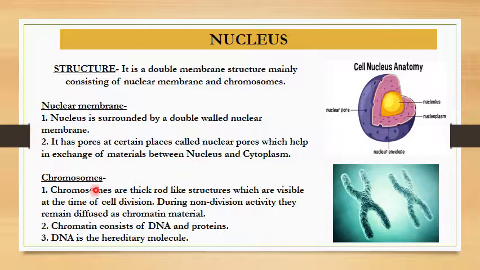Chromosomes. Chromosomes are thick rod-like structures which are visible at the time of cell division. During non-division activity, they remain diffused as chromatin material. Chromatin consists of DNA and proteins. DNA is the hereditary molecule.